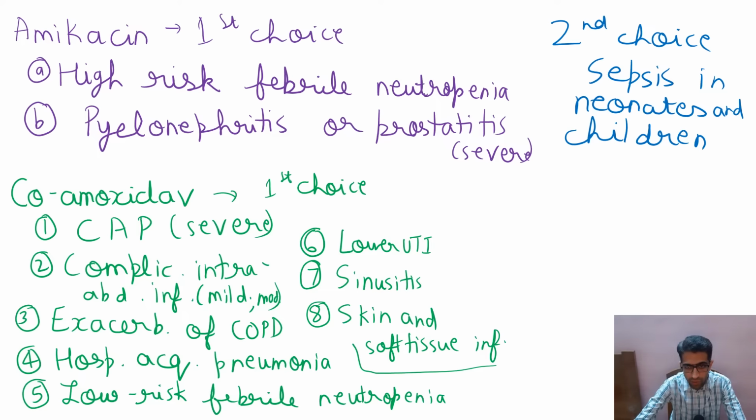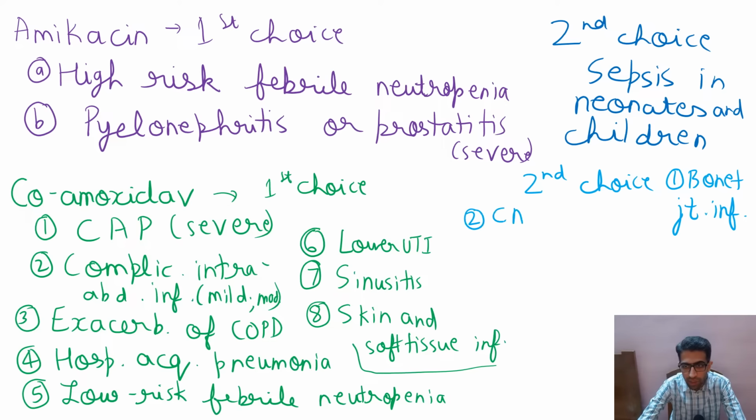Okay, great. Now this is the second choice in which of the following conditions. Yeah, I just missed it. Second choice in bone and joint infections, bone plus joint infections. Then it is in community acquired pneumonia, mild to moderate.